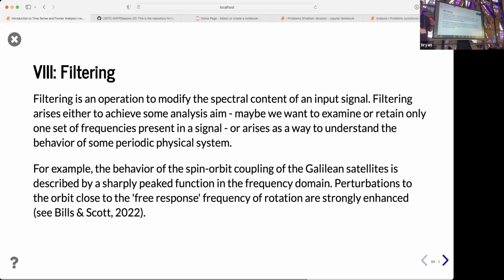So if you have frequencies that are near a frequency corresponding to the thickness of the ice shell, the rotational response will be really enhanced. So it's not just an analysis thing to try and filter your signal, it's also something that appears in the actual behavior of real physical systems.